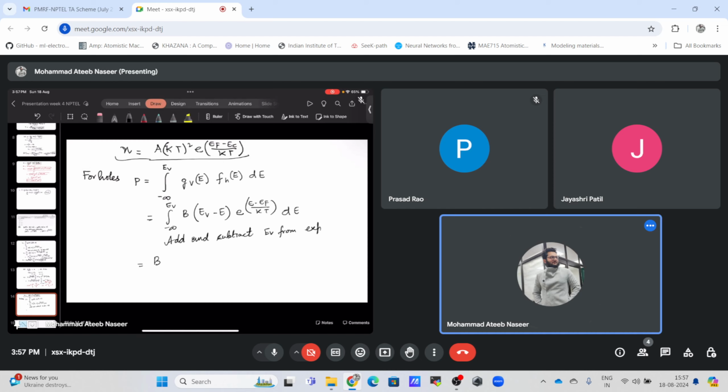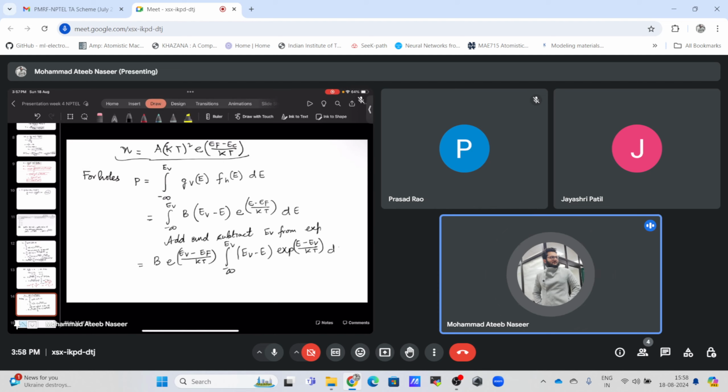So what we will get is b times exponential of EV minus EF by KT, with limits minus infinity to EV, exponential of minus E minus EV by KT.